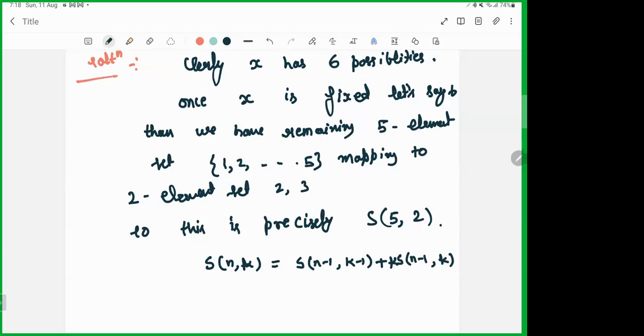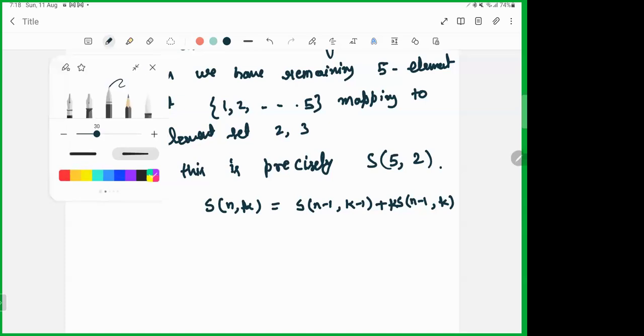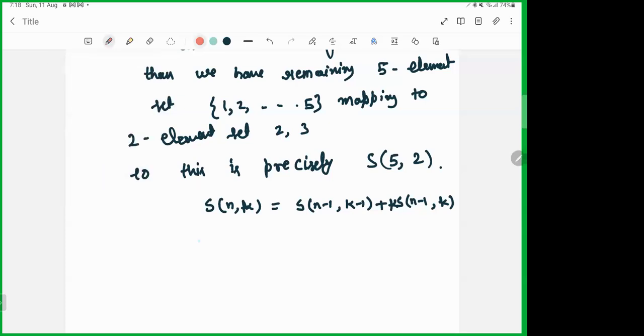Yes. So how will you use this recursion? You have to wind it up. You want to compute S(5,2), right? So this recursion says it is S(4,1) plus k times S(4,2).